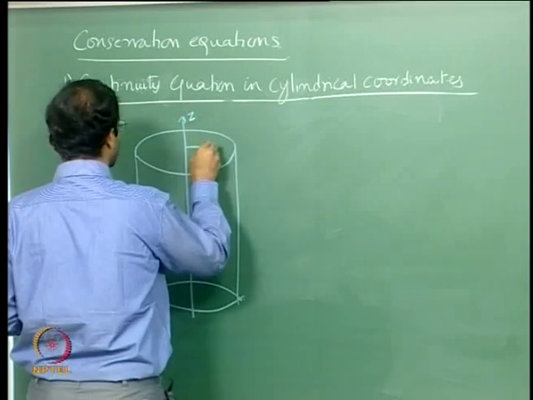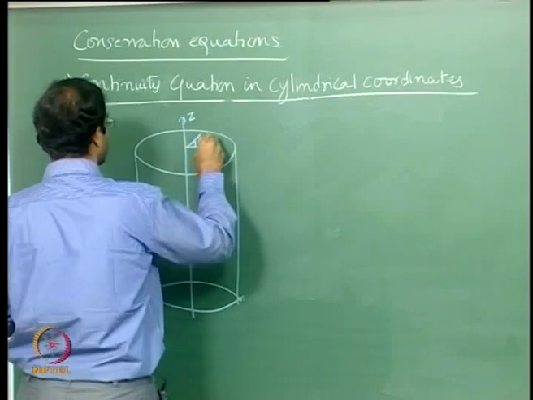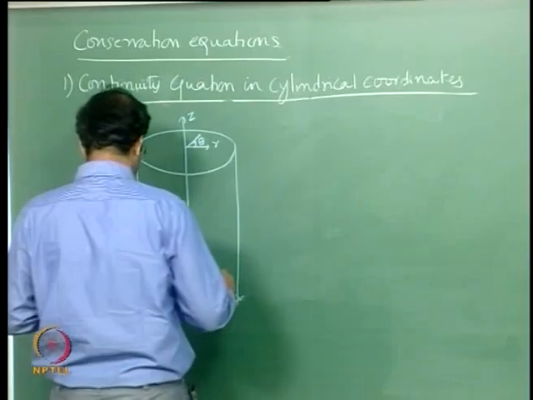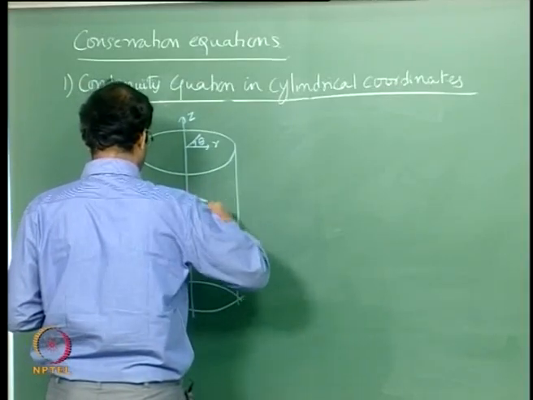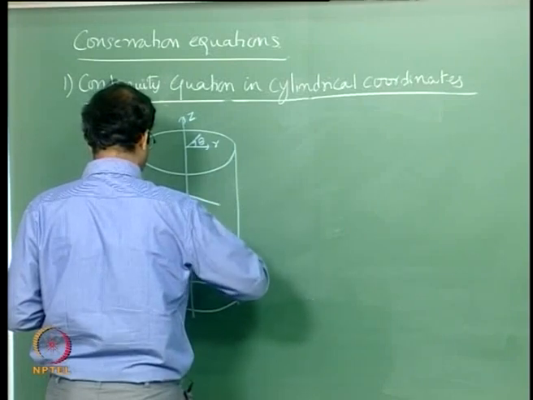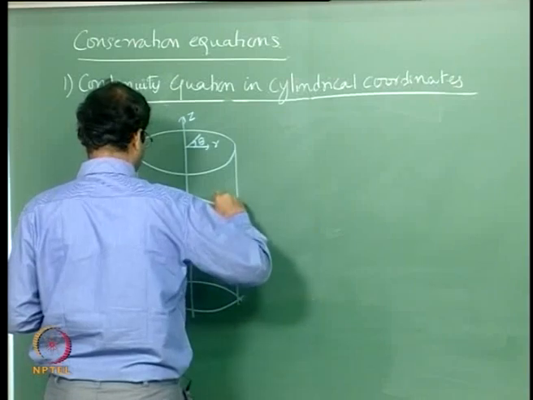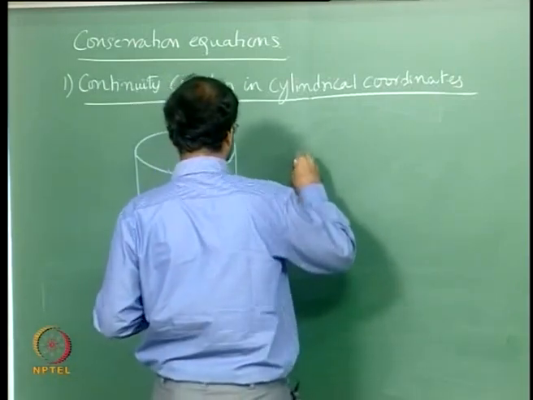You can have radial direction r, and of course variation in theta direction. So this is your cylindrical coordinate system. Let us chop off a particular control volume like this, and we will look at that control volume in detail.